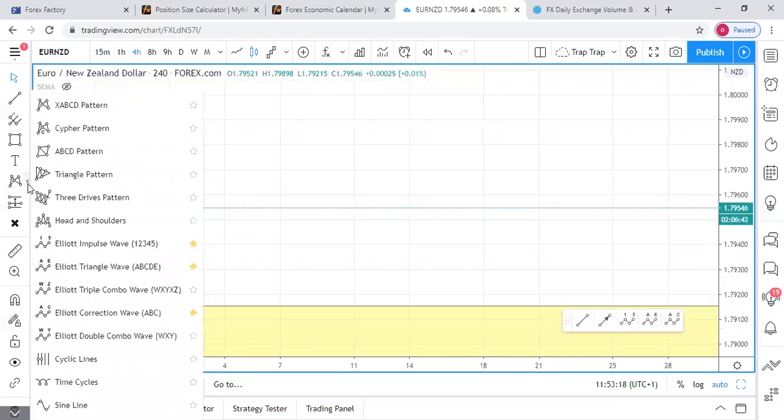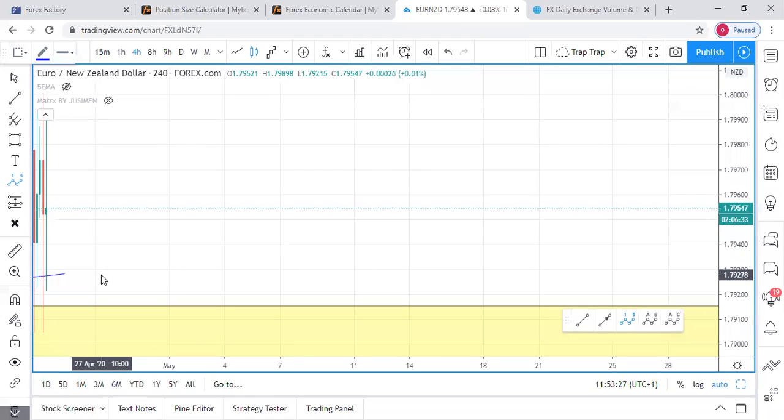So in Forex, price does basically two things. And I'm going to draw them here. Price does three things, basically.